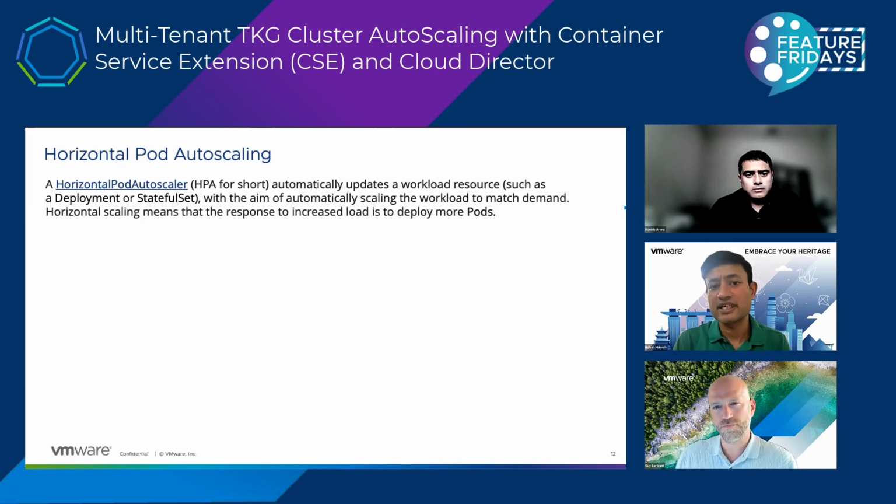It is different than cluster autoscaler. Cluster autoscaler's responsibility is to scale the nodes, while horizontal pod autoscaling looks into the CPU usage, and then based on the traffic, it tries to scale the number of pods.